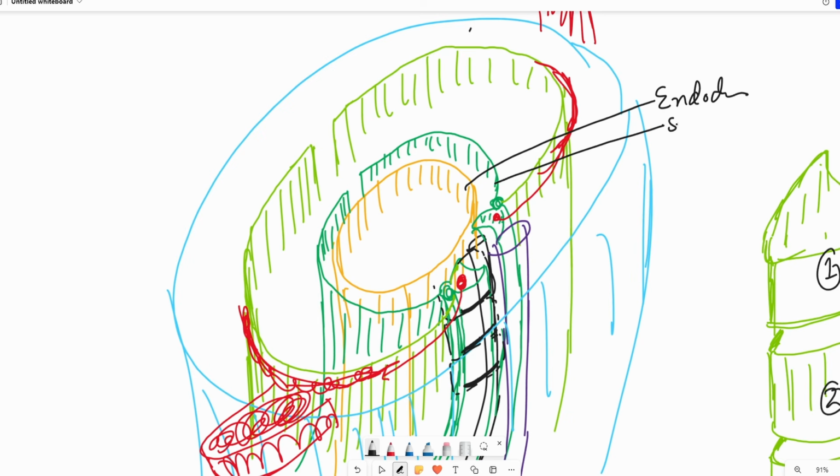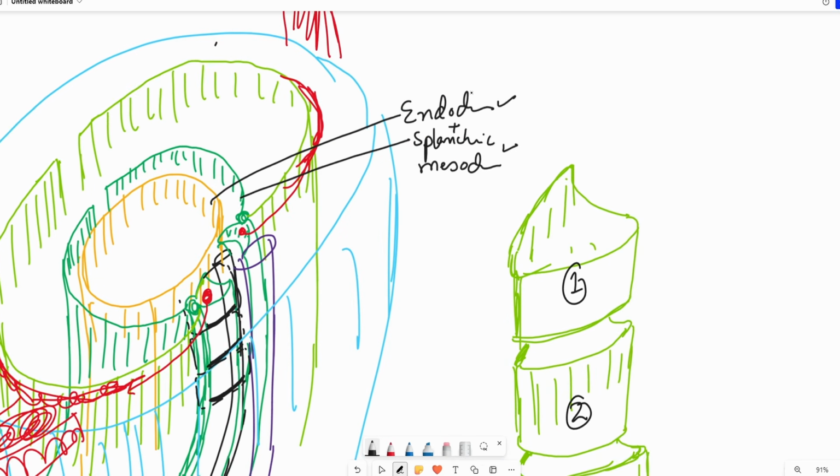This is the splanchnic mesoderm. So most of the deeply seated viscera of our body originate from endoderm plus splanchnic mesoderm. Both of these collectively are termed as splanchnopleure.